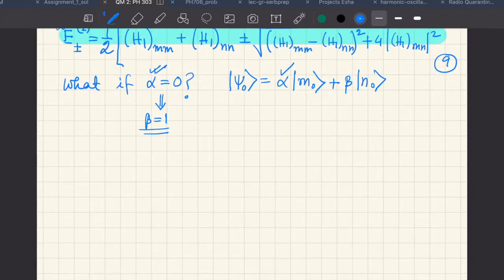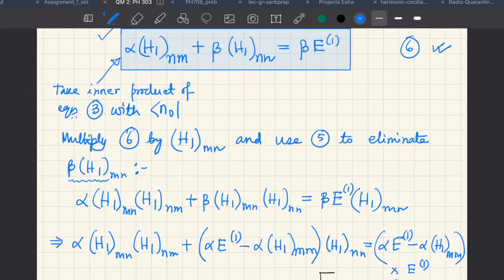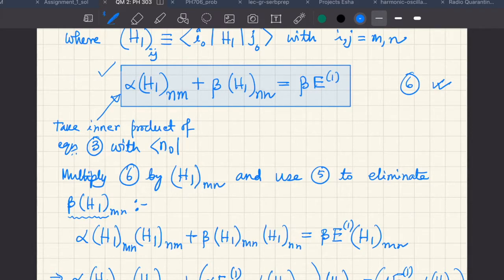So this implies from equation 5, H1 mn equal to 0. Similarly, if you look at equation number 6, alpha equal to 0 means H1 nn equal to E1.